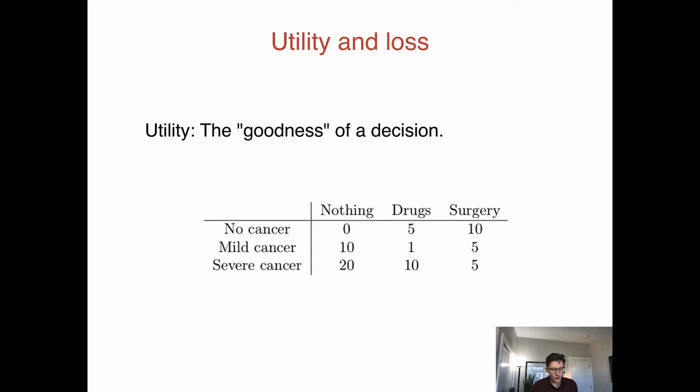For example, maybe if we think there's even some probability that a patient has severe cancer, maybe it's worth going ahead with surgery just because the outcome is so bad if we do nothing.